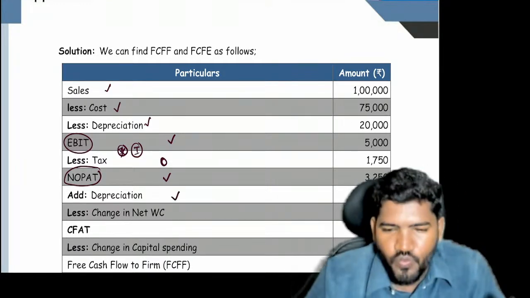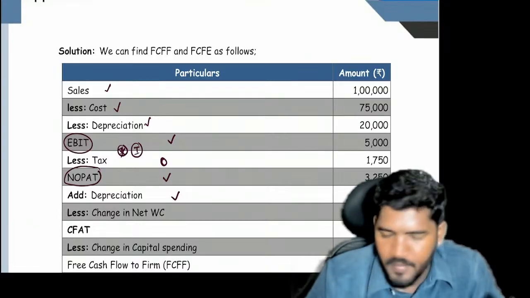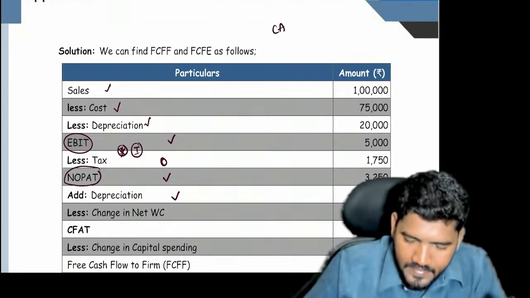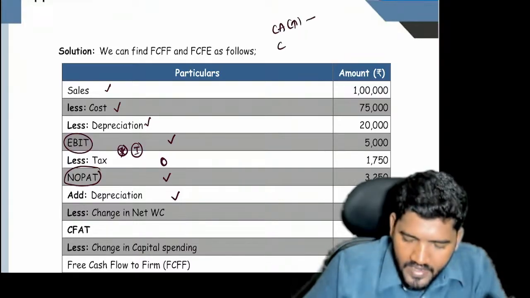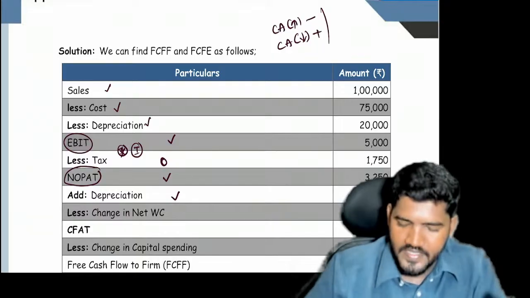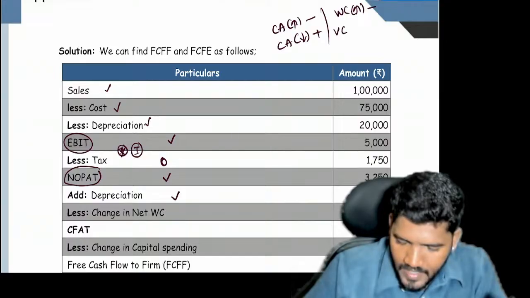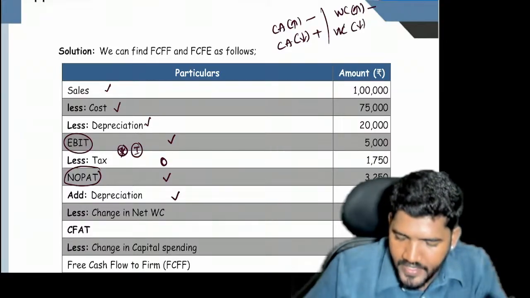Next, change in working capital. I already said, if current assets increase or are positive, reduce. If current assets decrease or are negative, add. The same rule is applicable to working capital also. If it is positive or increasing, less. If working capital is decreasing or negative, add.